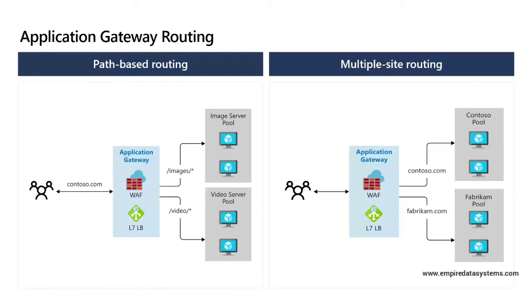Both of the path-based routing will be a little bit slower because there is also routing video along with images, while the multiple sites will have very good performance.